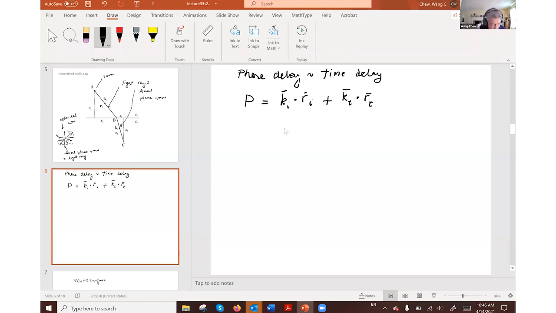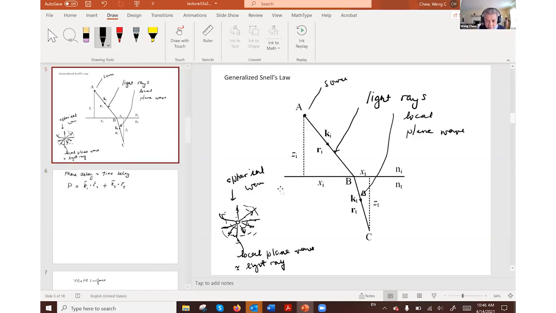And let's assume that I'm going to change ξ a little bit. And if you go back to this picture, I change ξ a little bit. And if this is the minimum point for phase delay, it would be a stationary point, which means that if I were to change ξ a little bit, there's no change in the total phase delay, because by Fermat's principle, it will find the path with the minimum phase delay, and hence it's a stationary point.